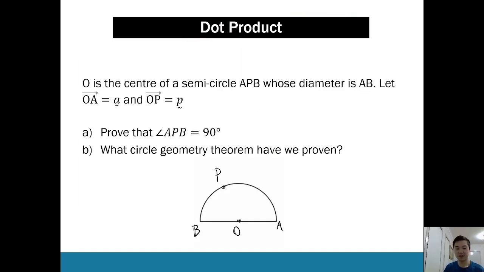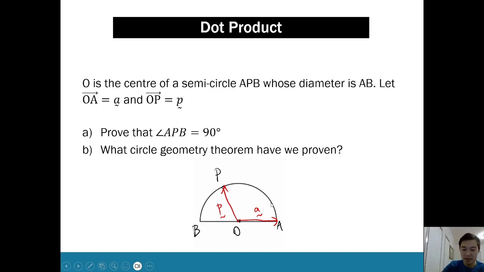We have a semicircle APB, whose diameter is AB. So we let OA be the vector A, and then OP is the vector P, like that. So we're asked to prove that angle APB is going to be 90 degrees.